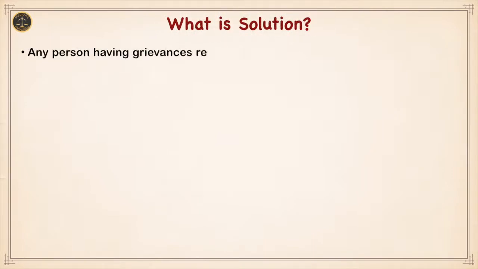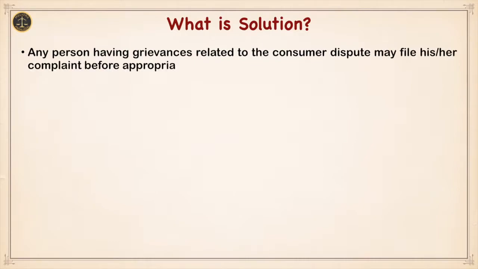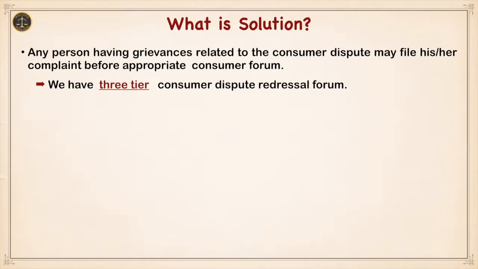Now, what is the solution? Any person having grievances related to consumer disputes may file his or her complaint before the appropriate consumer forum. We have a three-tier consumer dispute redressal forum.